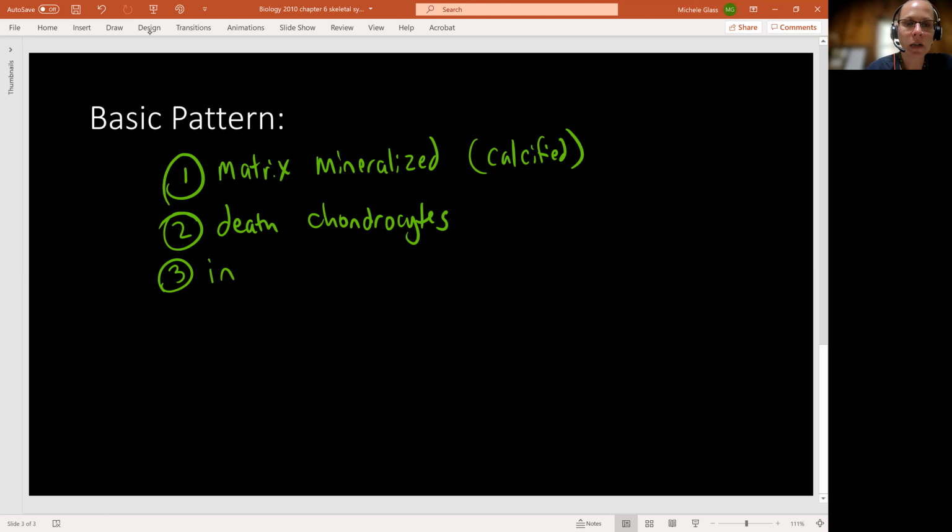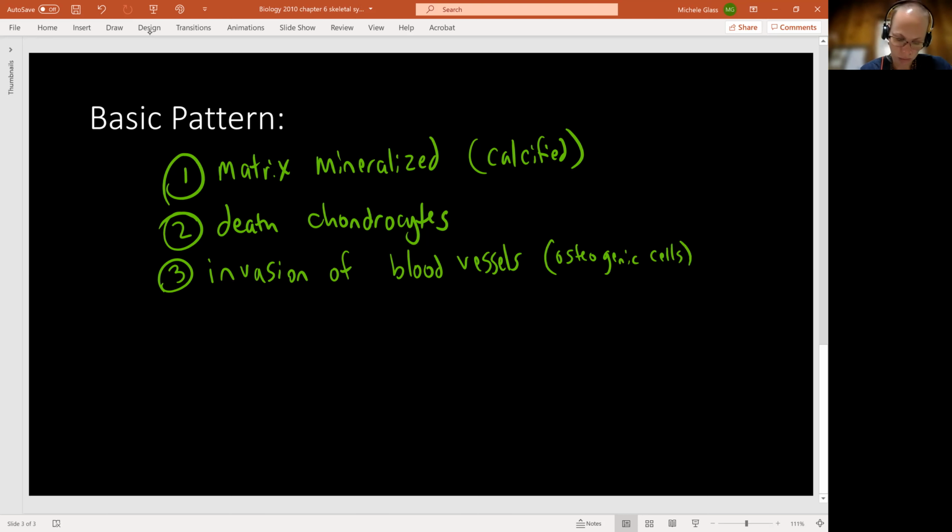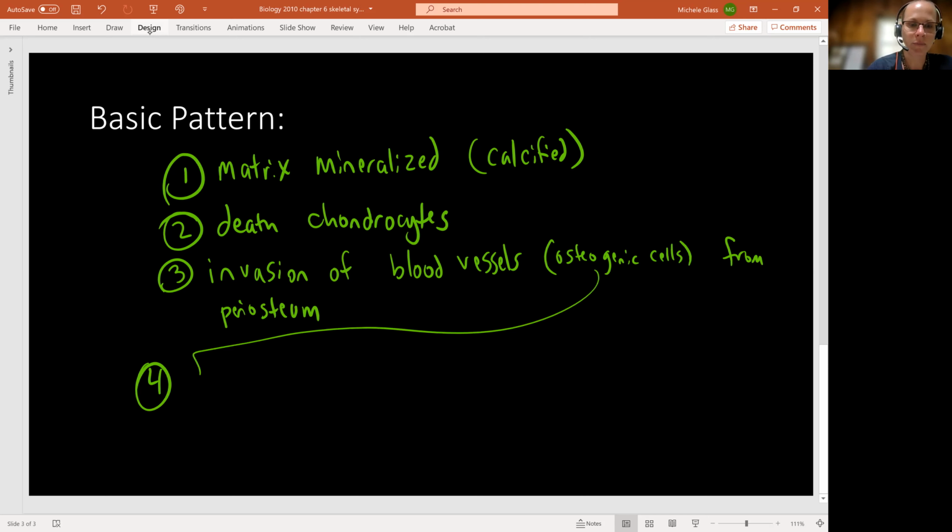The third step is the invasion of blood vessels. With the invasion of blood vessels, we get our osteogenic cells coming in. The invasion of blood vessels is from the periosteum. The fourth major step is the seeding of osteogenic cells.